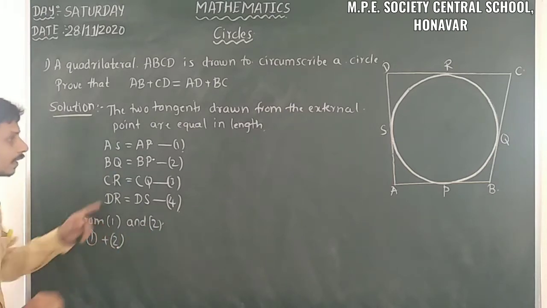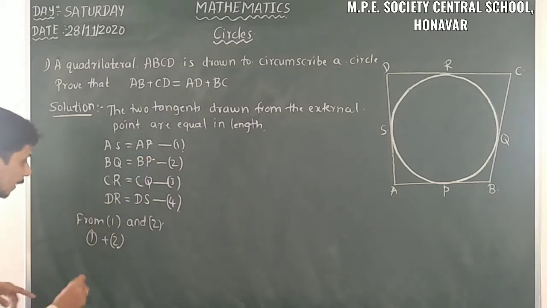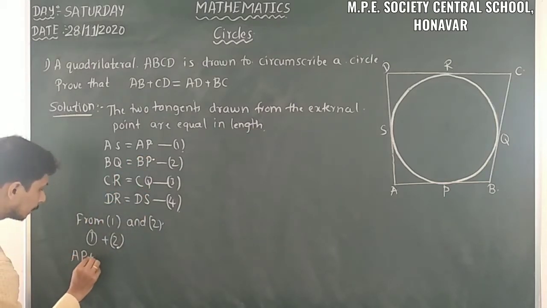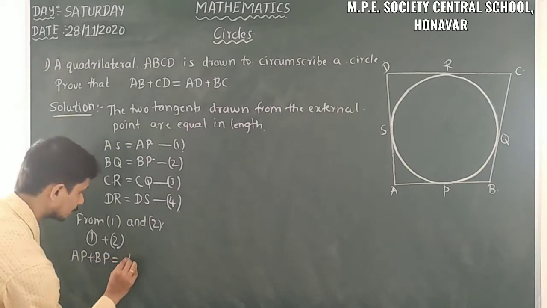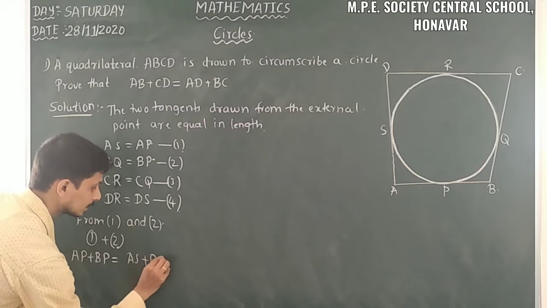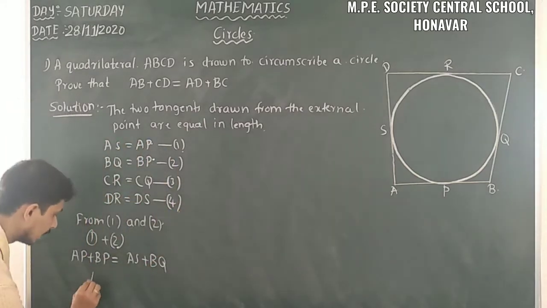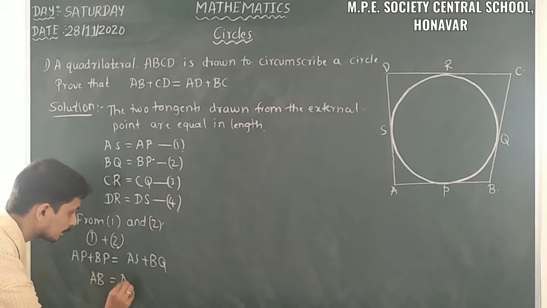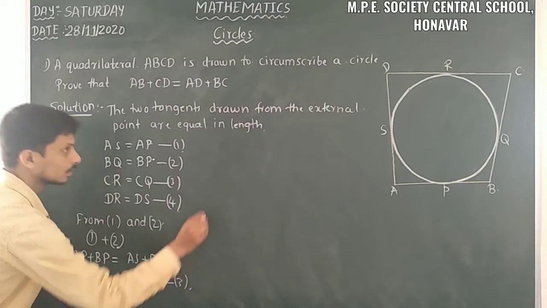AP plus BP is equal to AS plus BQ. Here AP plus BP is equal to AB, so AB is equal to AS plus BQ. I will take this as equation number 5.